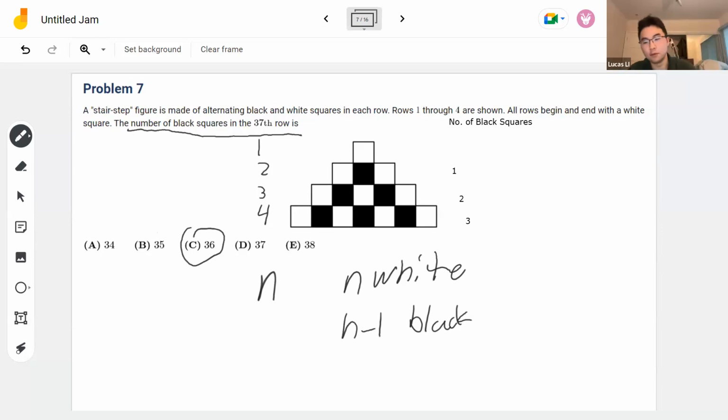I feel like for AMC, the tactic for dealing with these pattern questions, where they want you to find a specific value at a really large row number, is to never draw out the graph unless you have a lot of time and you really don't know what else to do.